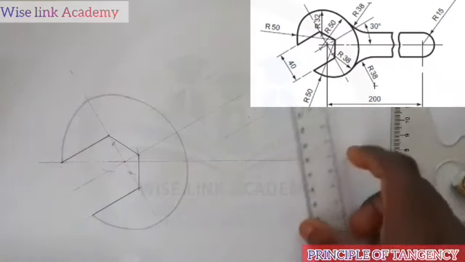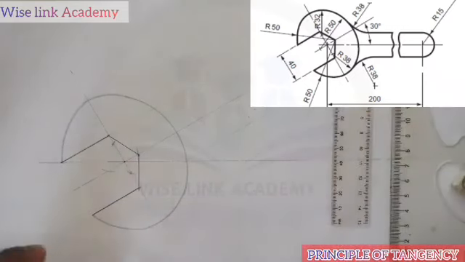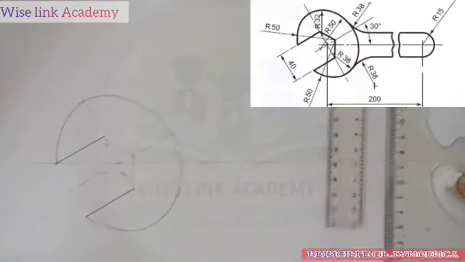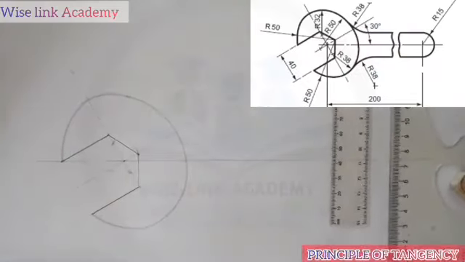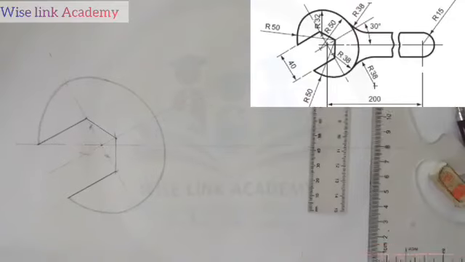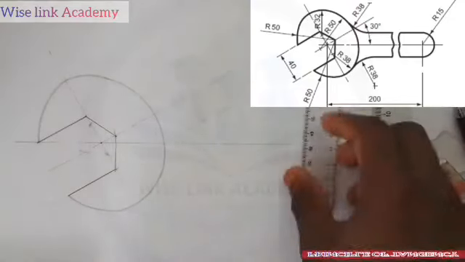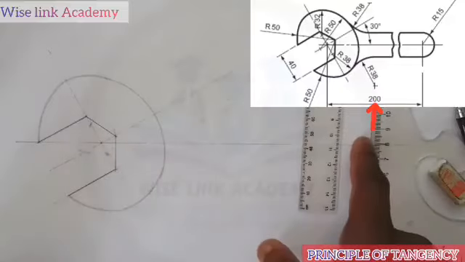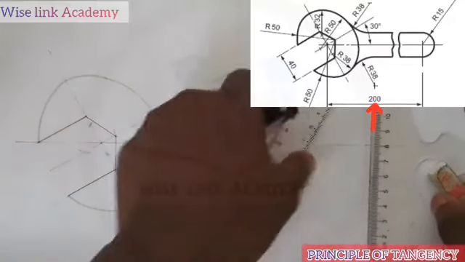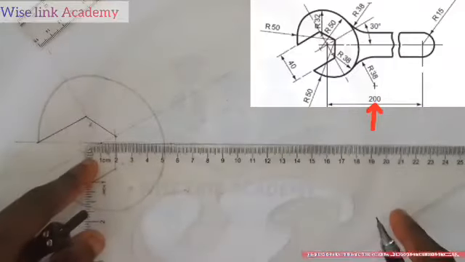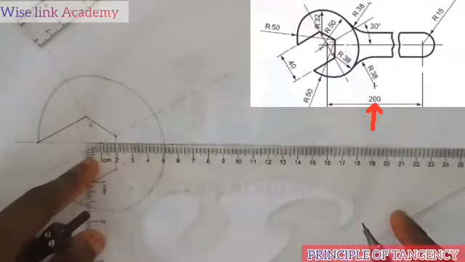So my next task now is to observe closely, right? At this point, let me show you what I'm doing. If you observe closely, right? Now, if you observe, distance from this center point to somewhere down here is 200. So I will take my meter rule from this point here, right?